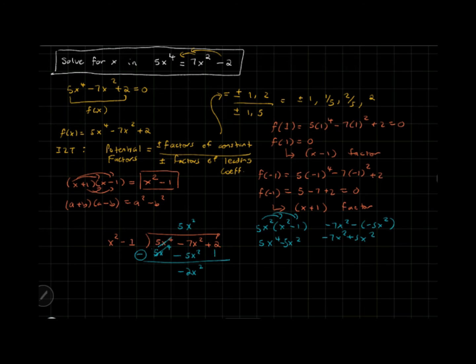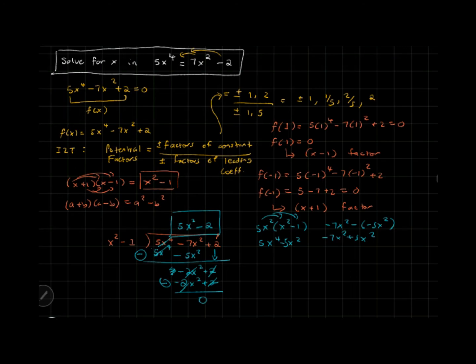Then I'm going to bring down the positive 2, and match the leading term, so I'm going to multiply by negative 2, giving negative 2x squared plus 2. Everything cancels out, so it's 0. This is your quotient.